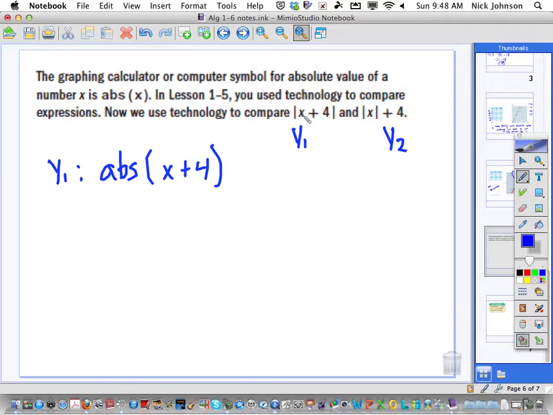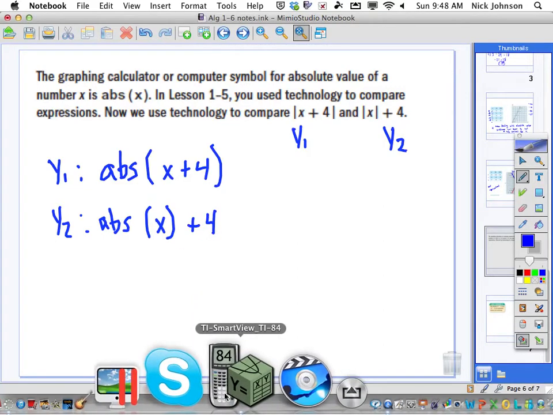X plus 4 is in the absolute value. Now, for y2, it's different. Why is it different? Well, only the x is in my absolute value. So when I press abs, I'm going to press abs x, close my parenthesis, and then I'm going to type in plus 4. Okay? And I'm going to show you right now on the calculator how I'm going to do that.